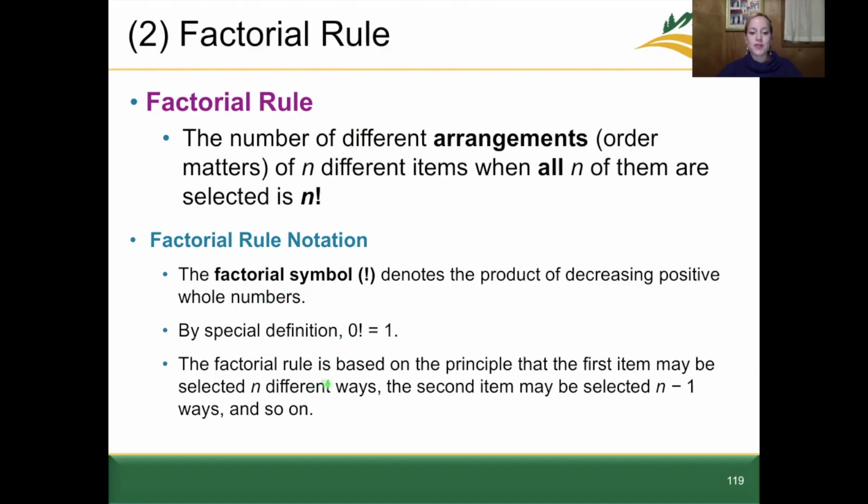So this rule is based on the principle that the first item may be selected n different ways, but then the second item we have n minus 1 different ways because we already used up one option in our first selection. So if we take n times n minus 1 times n minus 2 and so on, that is a factorial.